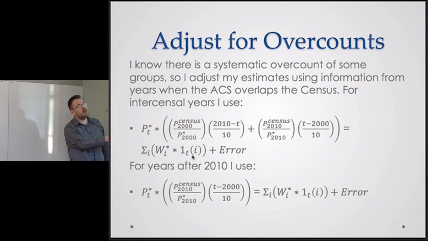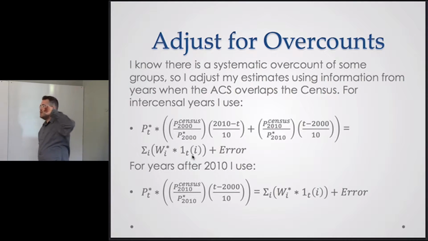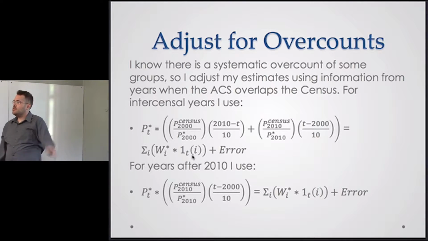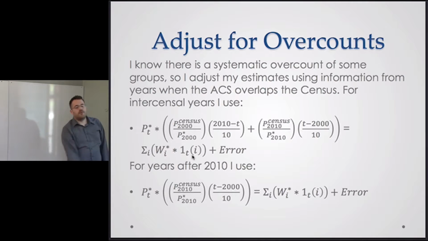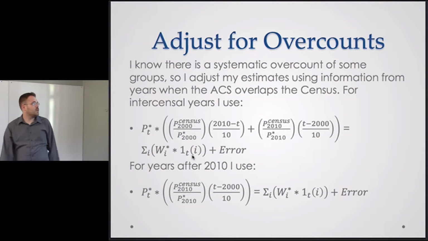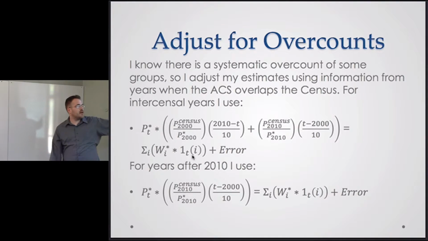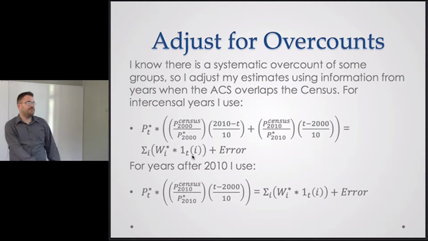I do the same in 2010, and then I interpolate them. This also means that, like the Census Bureau methodologies, my estimates are constrained to equal the census counts in both 2000 and 2010. And then I also have this error term from sampling error still hanging out. For years after 2010, I use only the 2010 overcount estimate.